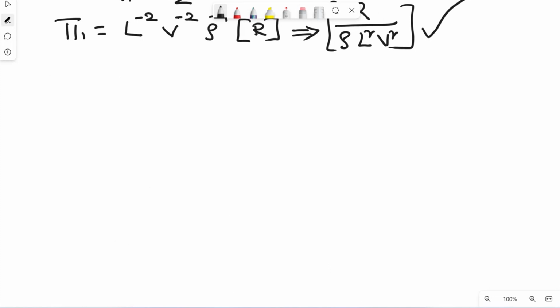For the next pi term, take it the same way, as for all the other terms.